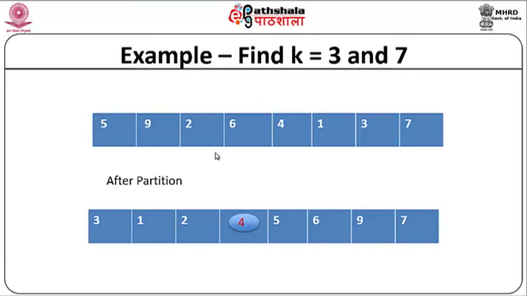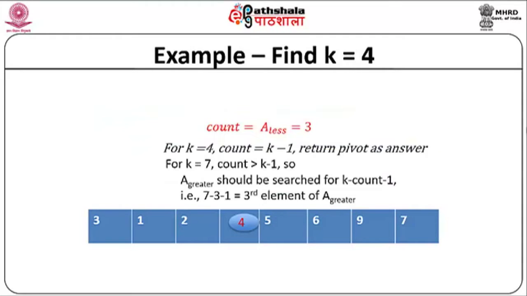Now you can see an example of this. At the top you have a list of numbers, and you are having a partition. So, 4 is going to be the middle element. Now I want to find the fourth smallest element.